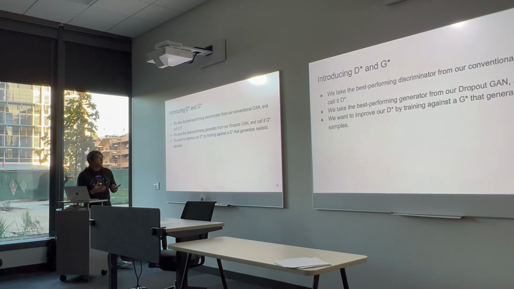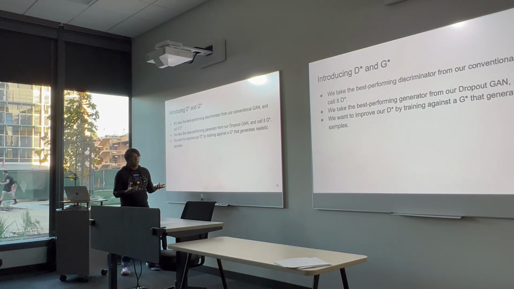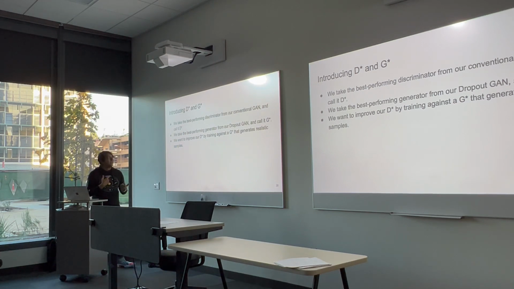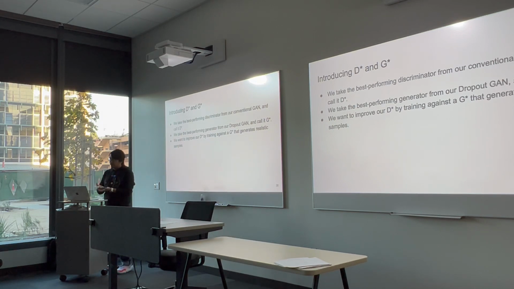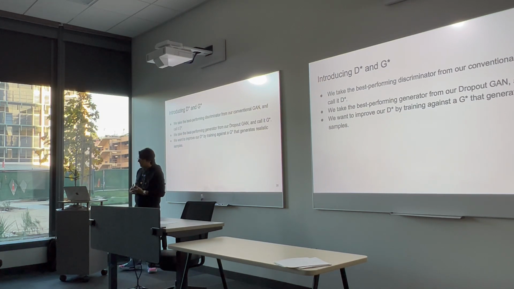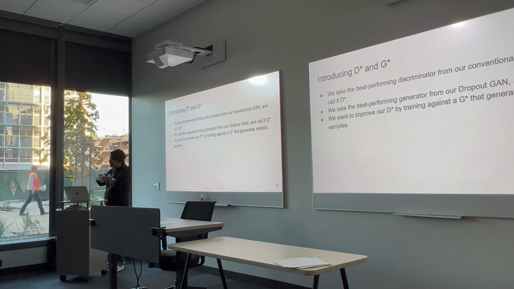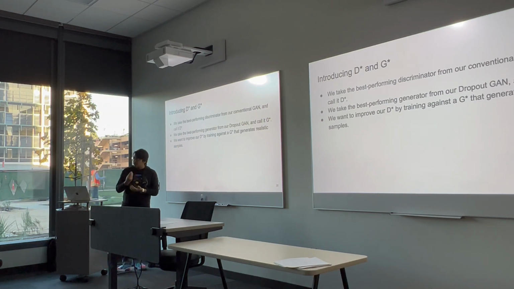And now we come to this notion where we mix and match the discriminators and generators between the two architectures. If you remember, our original goal is to come up with a model that can detect bots well. So we take the best performing discriminator from our original GAN setup and we call it D star. It shows promise towards bot detection.